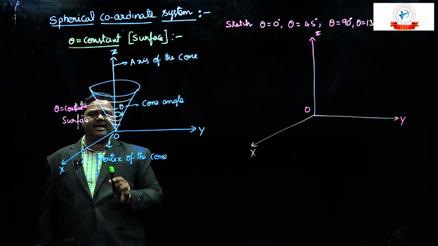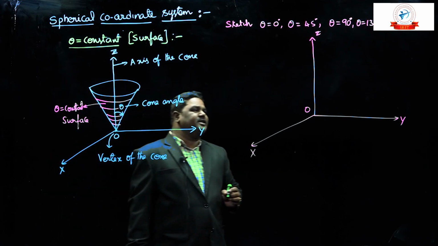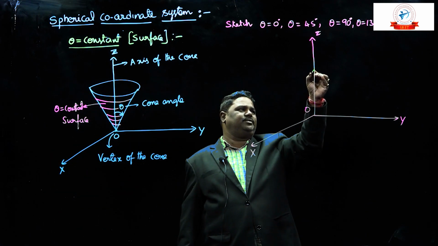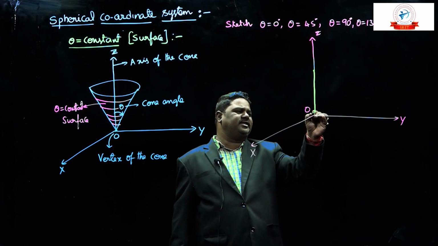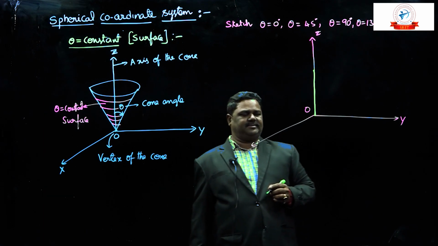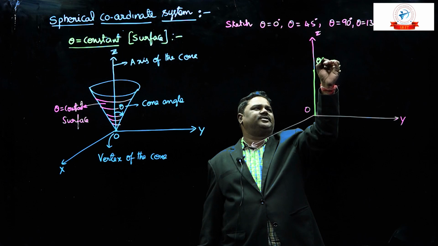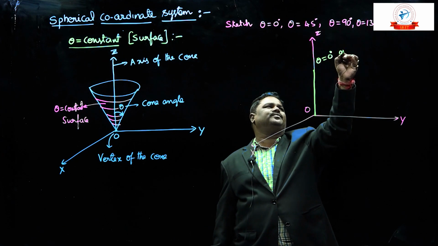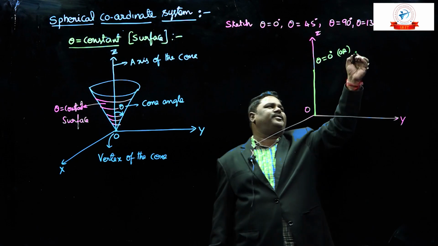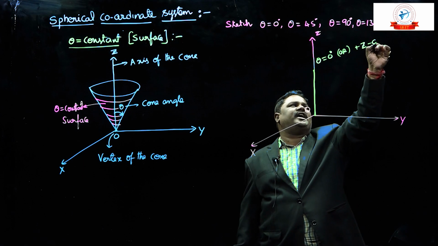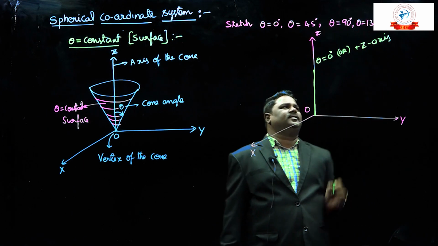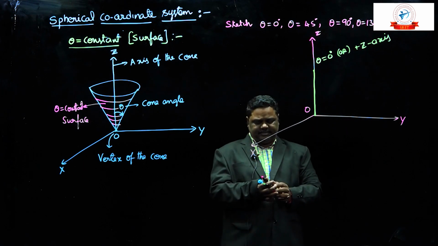So for theta equal to 0, the cone will coincide with the z axis. Theta equal to 0 is nothing but the positive z axis.